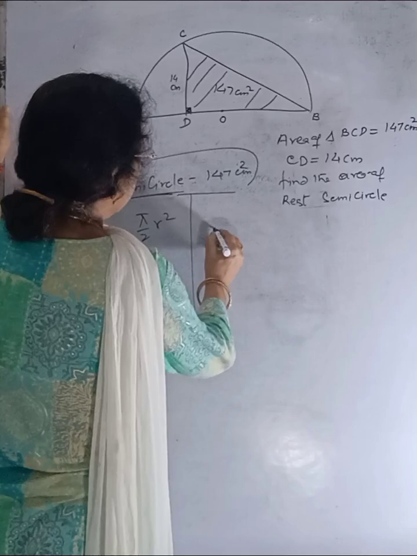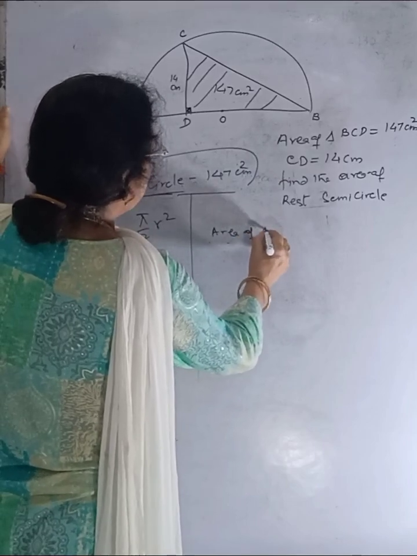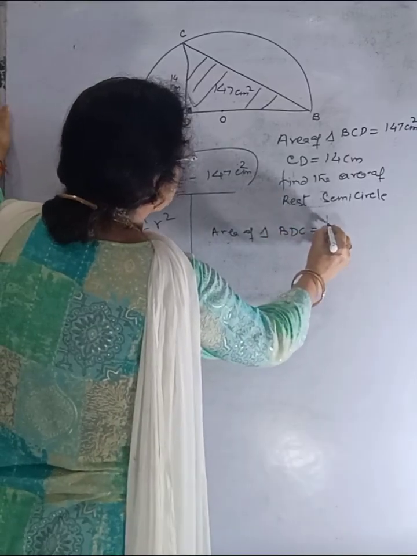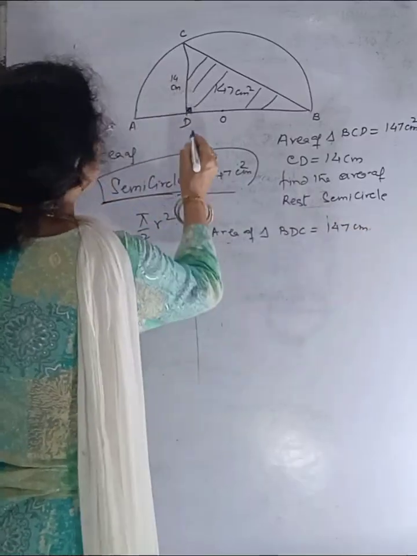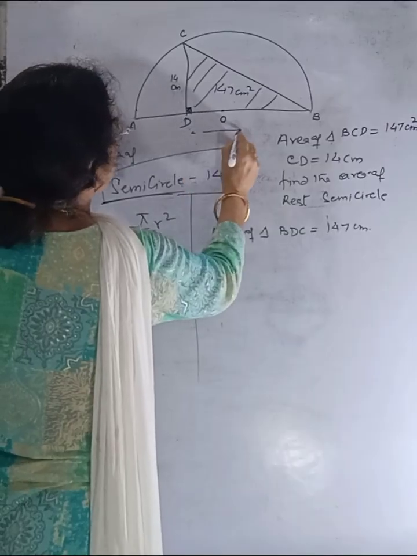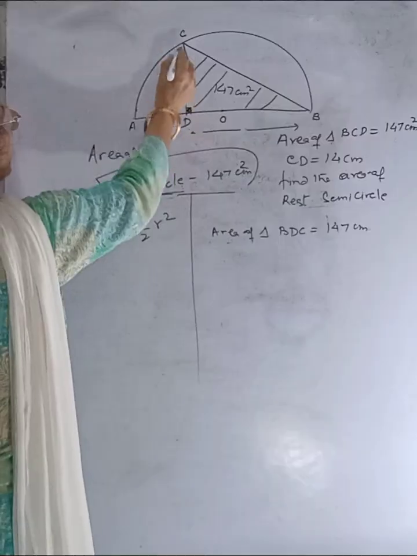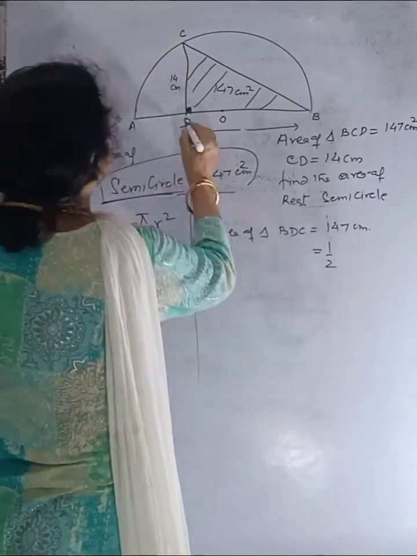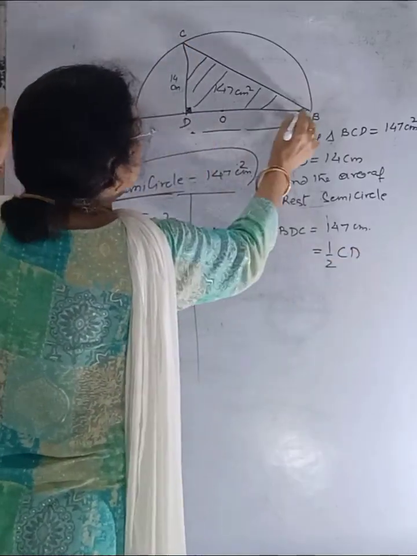We have the area of triangle BDC given as 147 centimeter square. Let us suppose this is DB, the base, and this is the perpendicular. This area can be written as 1 by 2 into CD into base DB.